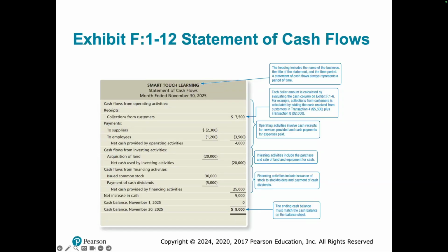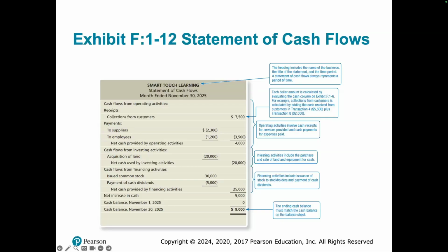So we have 30,000 minus the dividends, 5,000, gives us $25,000. So we take our 7,500 plus we got down to 4,000. We're going to take away 20,000 plus the 25,000, which gives us a net increase in cash of $9,000.